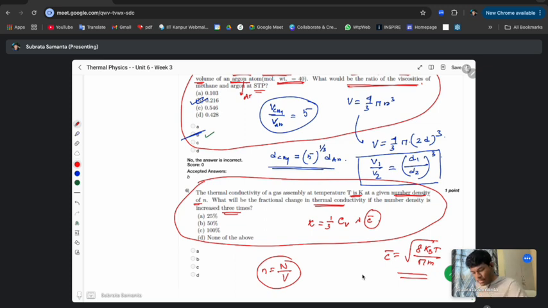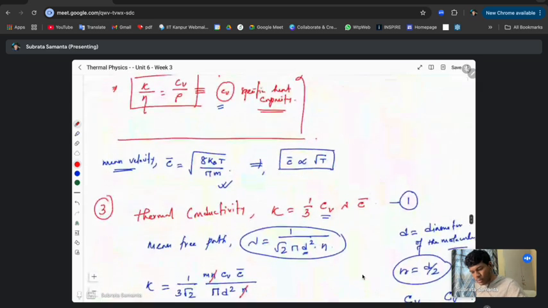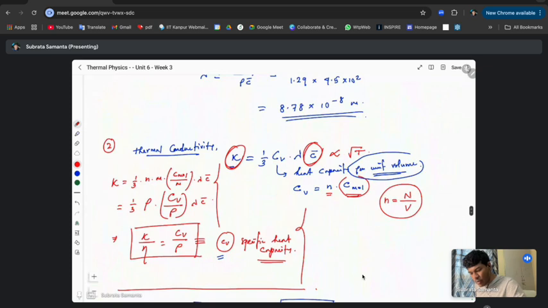Capital CV is the heat capacity per unit volume, and this has a small n dependence. Small n is capital N over V, the number density, and this CV is basically small n times C mole. So there is a small n dependence in the CV.